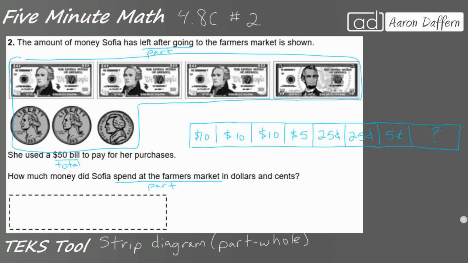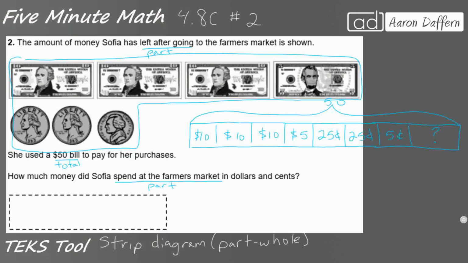So if I take all of my change, all of these bills and coins, plus whatever she spent, right? That's going to give me my total of 50. So you can show your total like that. You can draw it as another bar across the top. There's multiple ways to show the total. So first, let's figure out how much is this actual change that she's got left.